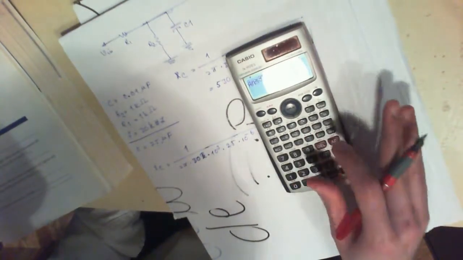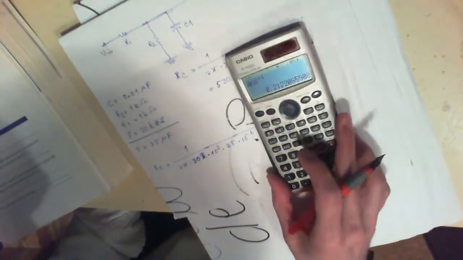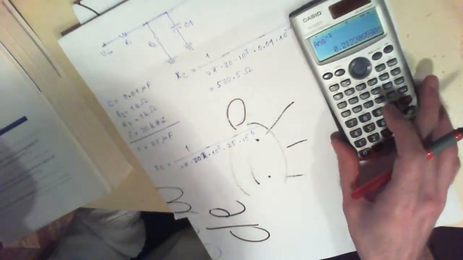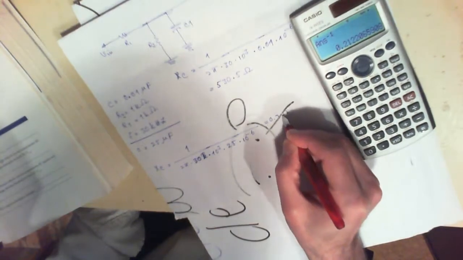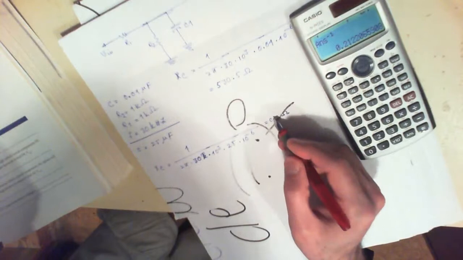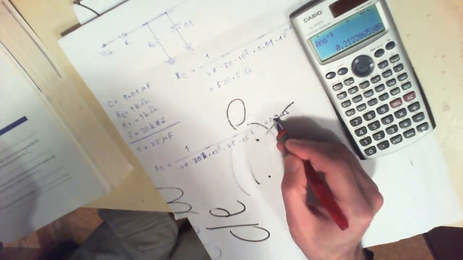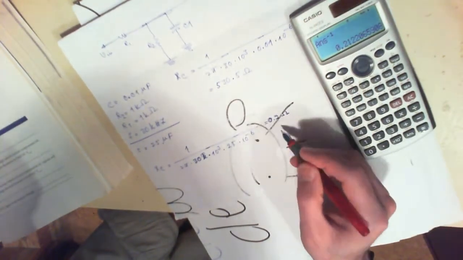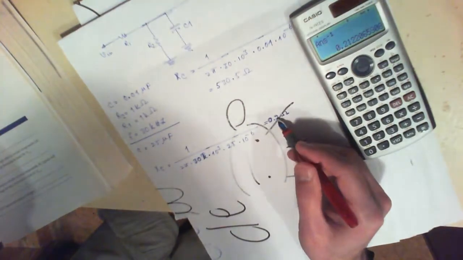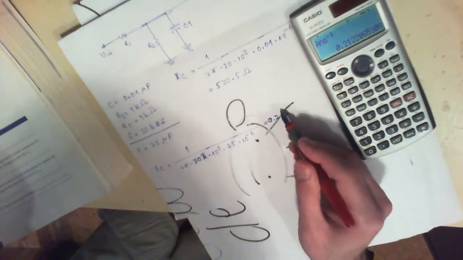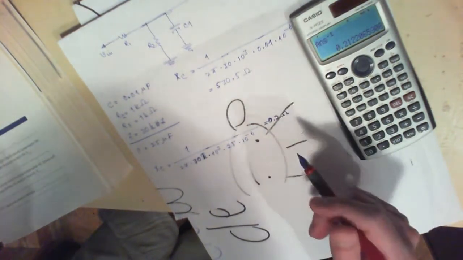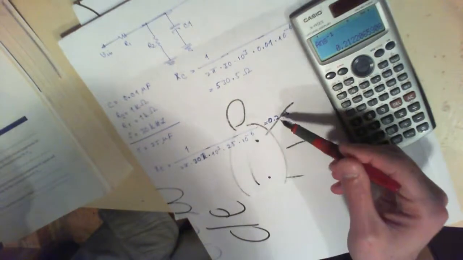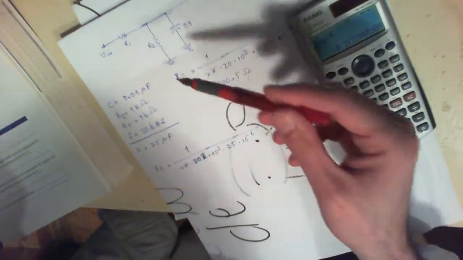Take the reciprocal of that, it is equal to 0.20. Which is okay. At this reactance, this is way less than 1/10 of 1 kilo.